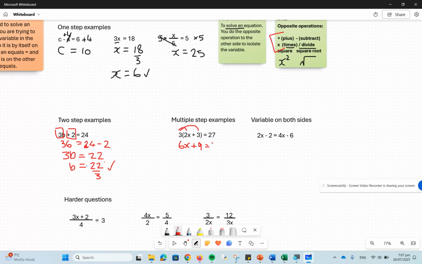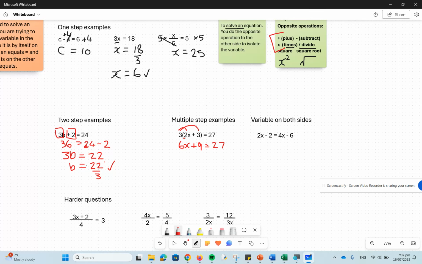So my first step when I see a problem with brackets in it, either brackets on one side or brackets on both sides, is to expand the brackets. If there was another bracket on this side, I would expand that too. That would be the first thing I would do.